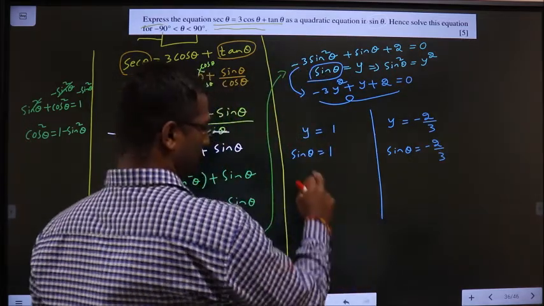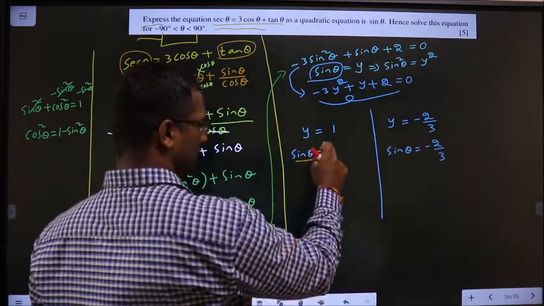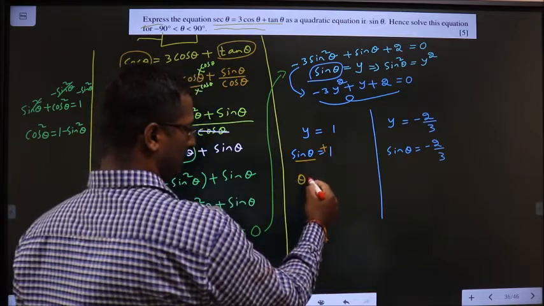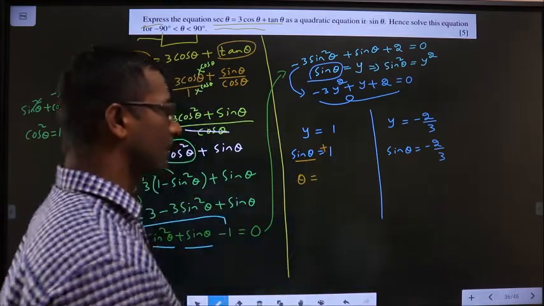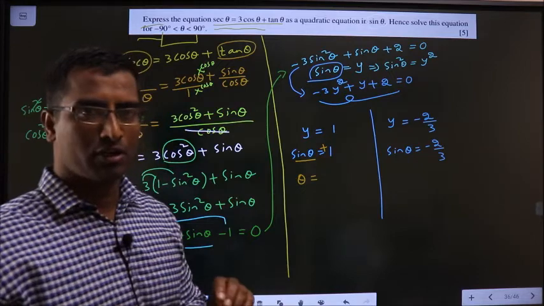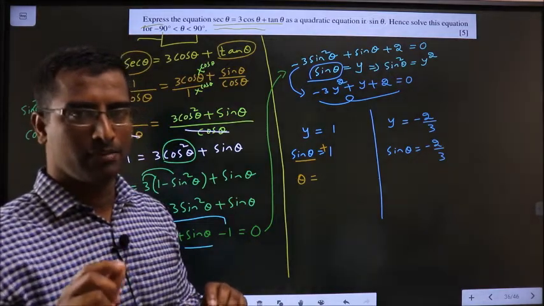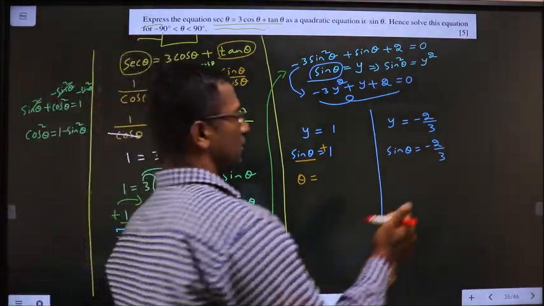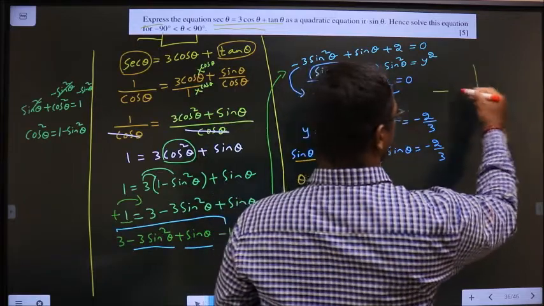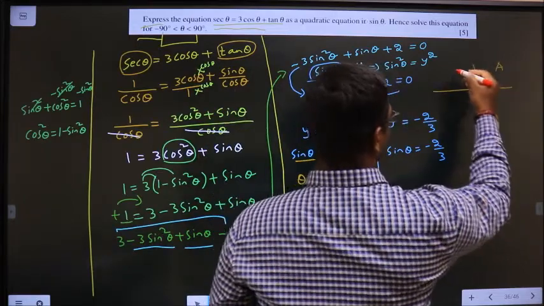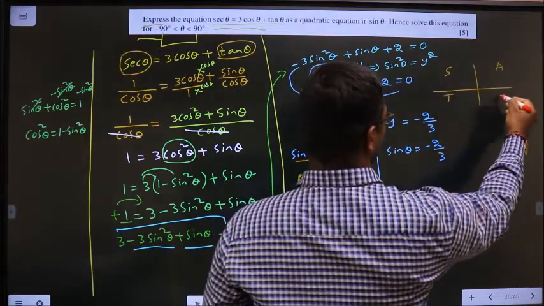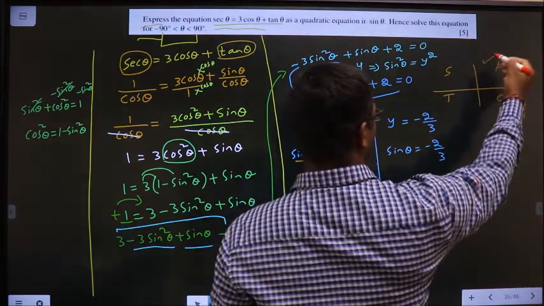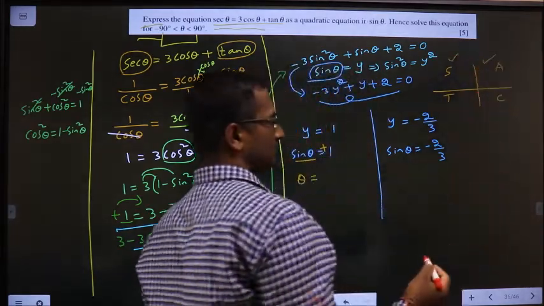Clear here. Now here I got sin theta to be positive. To get the values for theta, I should check in what all quadrants is sin positive. So it is nothing but like this. All silver tea cups. So sin is positive in the first and the second.